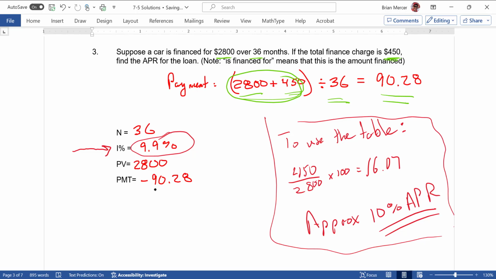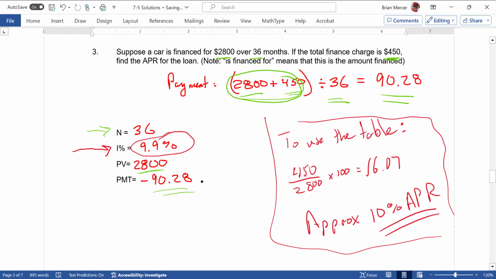And then as far as the things you put on your calculator, I'm just putting the key ideas. N is 36 because that's the number of payments. Present value is 2,800. Future value is 0. Payment is $90.28.